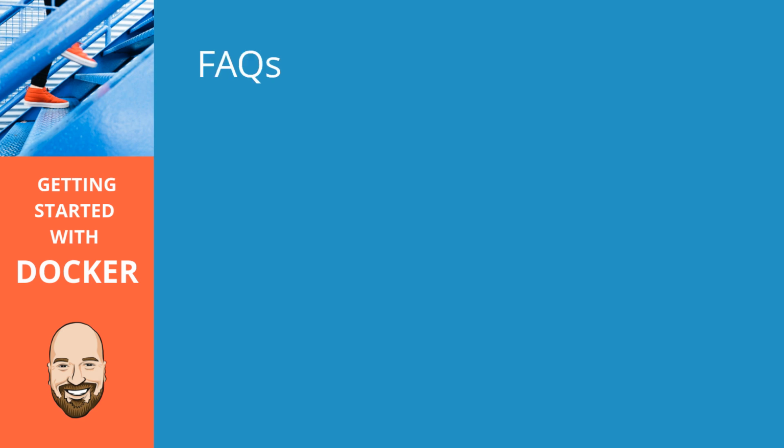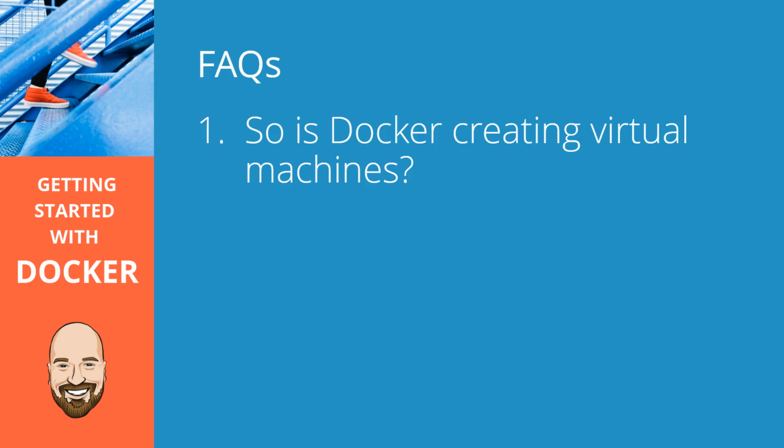Okay, frequently asked questions. These are questions I get quite a bit about Docker. The first one we've kind of covered, but is Docker creating virtual machines? And the answer is no. A virtual machine has a full operating system running on it, which means that if an operating system needs, let's just say, 2 gigabytes of RAM for the normal operating system stuff, we don't need that in Docker.